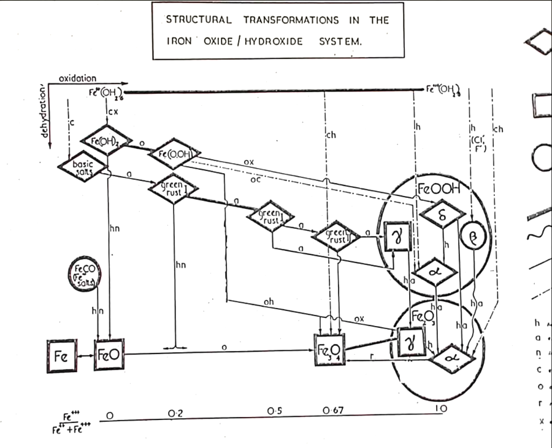Okay, so in some cases, Z is 2 for iron. Not always, sometimes it's 3.